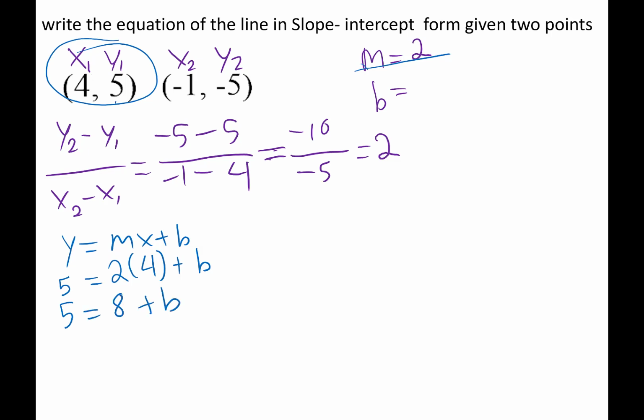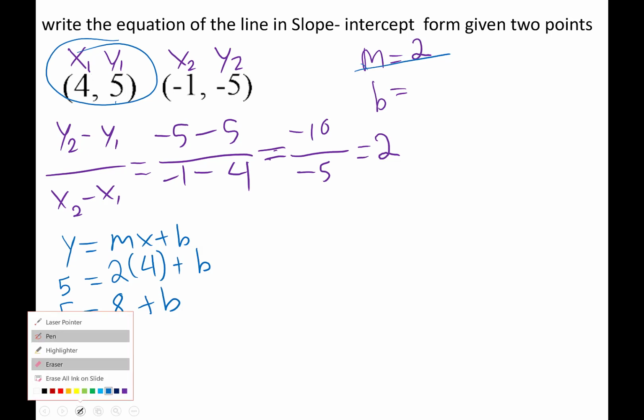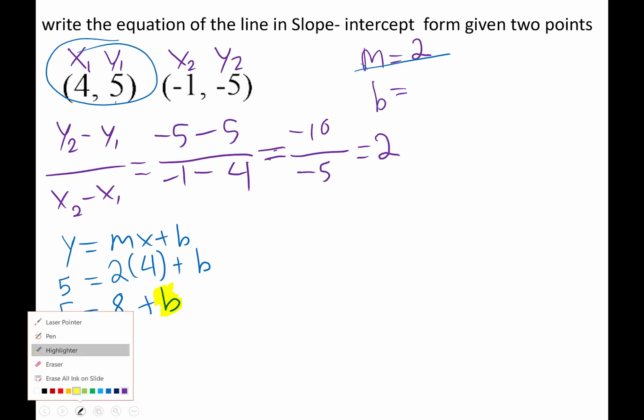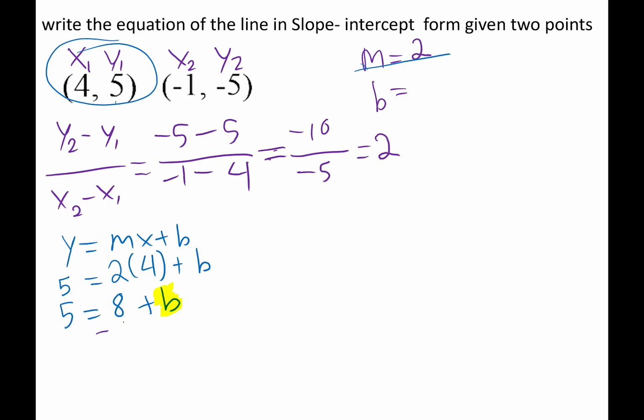Now I'm wanting to isolate b, right? I want to get this by itself. Since the 8 is adding, subtract 8 from both sides. 5 minus 8 gives me negative 3. So my b is equal to a negative 3.